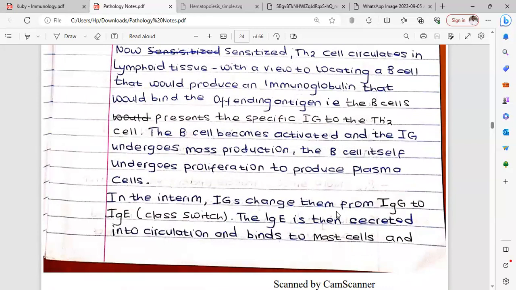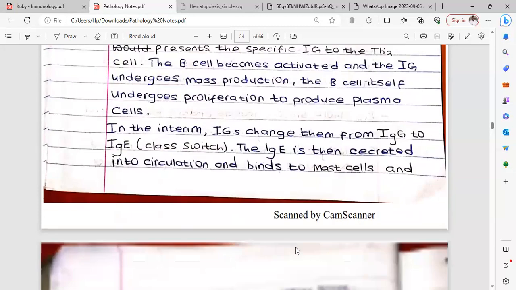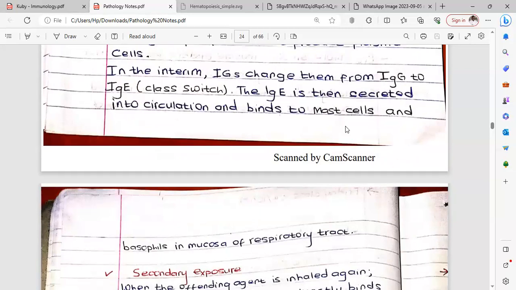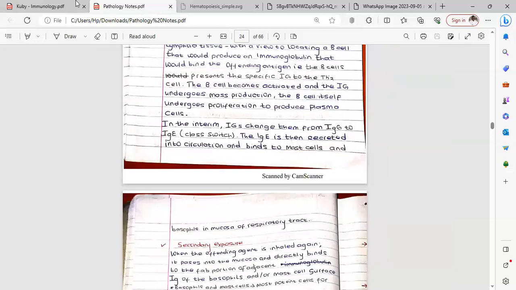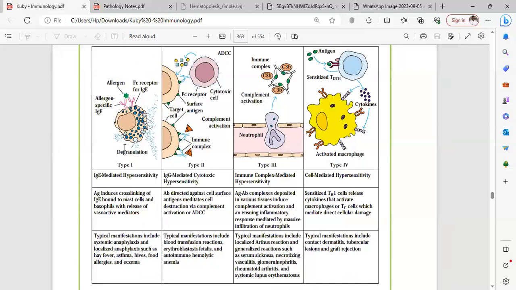Once IgE is secreted into circulation, it binds to the mast cells and the basophils in the mucosa of the respiratory tract. All these processes lead to the production of vasoactive mediators such as histamine and all that, which lead to vasoconstriction and all those symptoms of asthma.